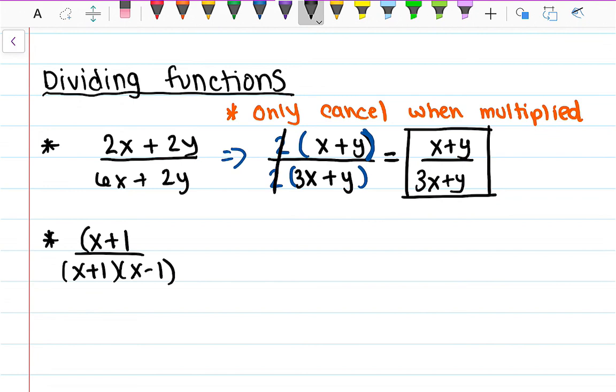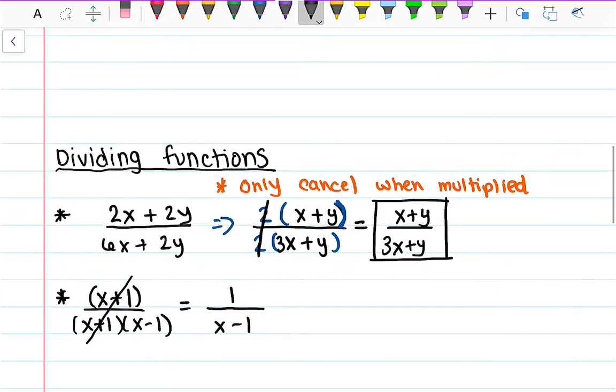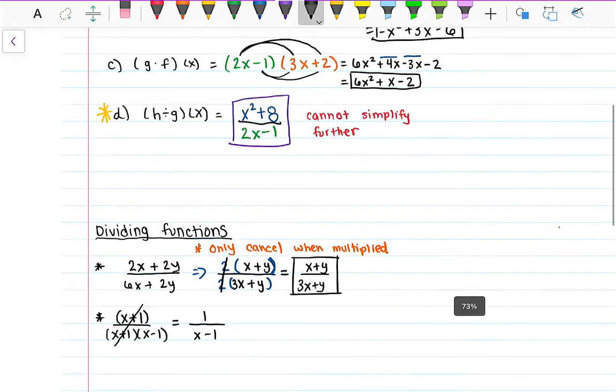So I'm going to put this all together. Maybe that will help you see it a little easier. I can actually cancel both of these. So what am I left with? On the top, don't say 0. I'm left with 1 over x minus 1. Okay, so that's what it would look like if you can simplify. But if you can't, then that's the way it stays.